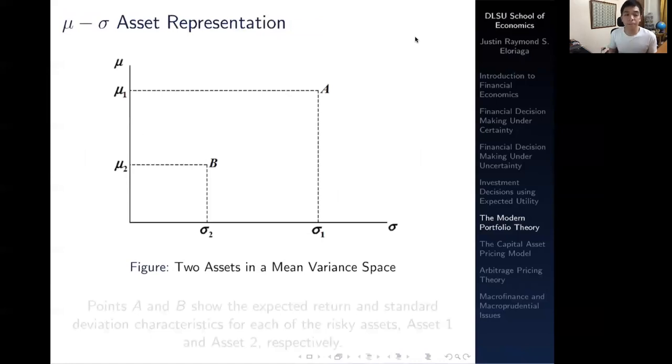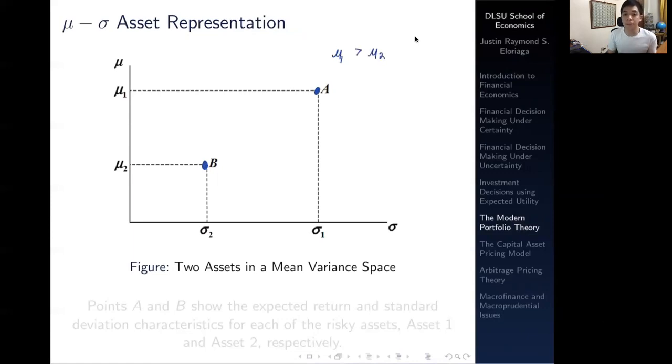So we have here the mean variance space, and the mean variance space has this asset representation. We have here, for example, asset A. Asset A is somewhere there, and asset B is somewhere here. So what we notice is that mu1 is greater than mu2.